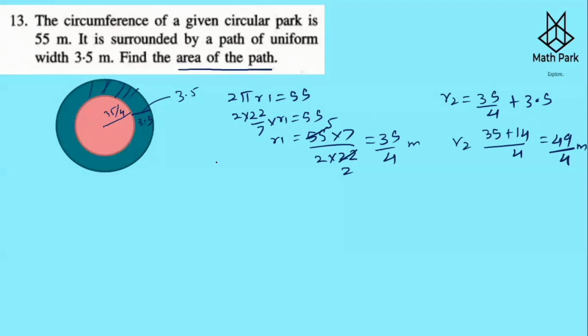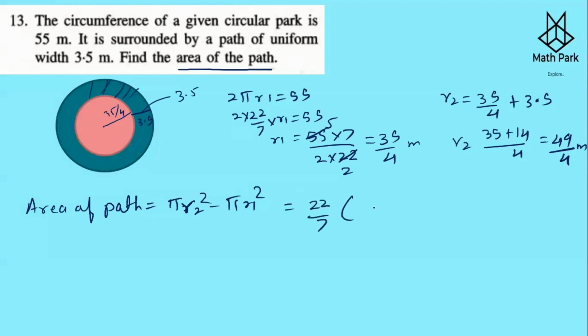So we have to find the area of the path. The area of the path is equal to the area of the outer circle, pi R2 squared, minus pi R1 squared, the inner circle. Taking pi common, which is 22 by 7, R2 is 49 by 4 and R1 is 35 by 4.